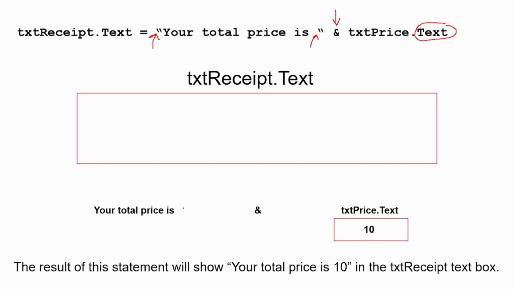Over here you've got the string literal, "your total price is", that's the part inside the quotation marks. We join them together using the concatenation symbol, and both of them get combined and you end up with "your total price is 10".